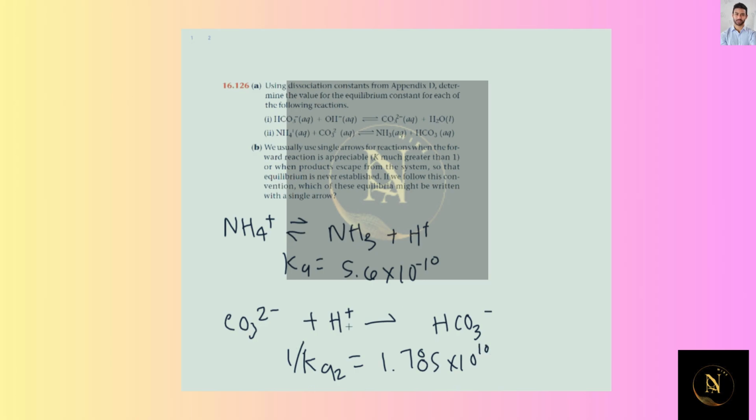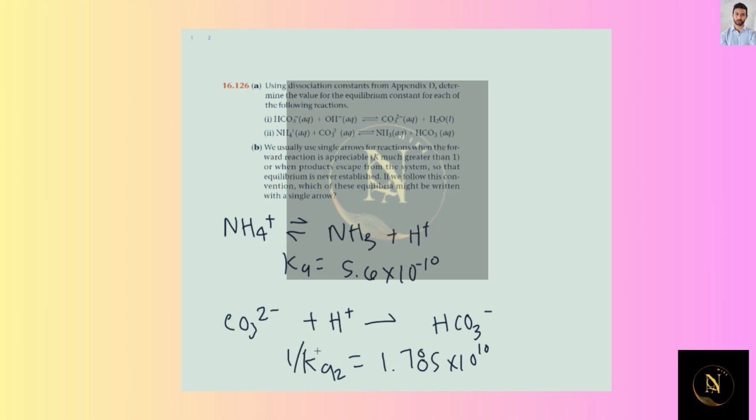Whenever we plug this in, the reason we have 1 over Ka2 is because this is the reverse of the reaction that is actually in the back of the book. So I took 1 divided by the Ka2 value that was in the back of the book.